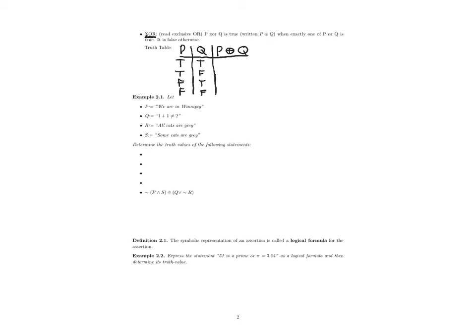And so exclusive OR is only true when exactly one of P and Q are true, and it's false when either both are true or both are false.